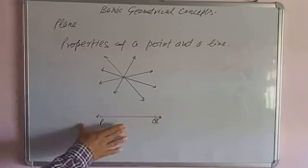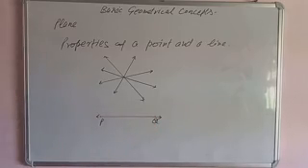Only one. So one and only one line can be drawn passing through these 2 points in a plane. So this line lies completely in a plane.